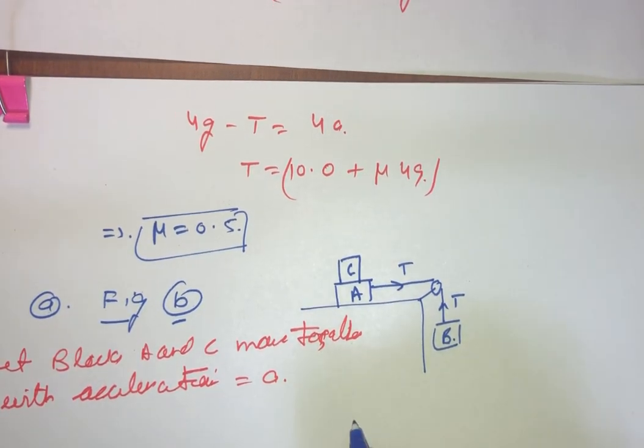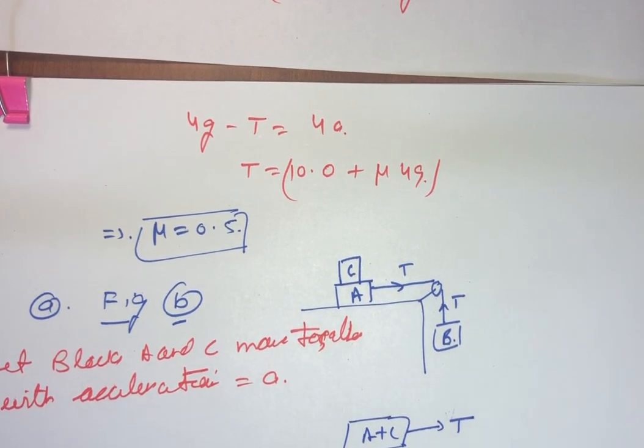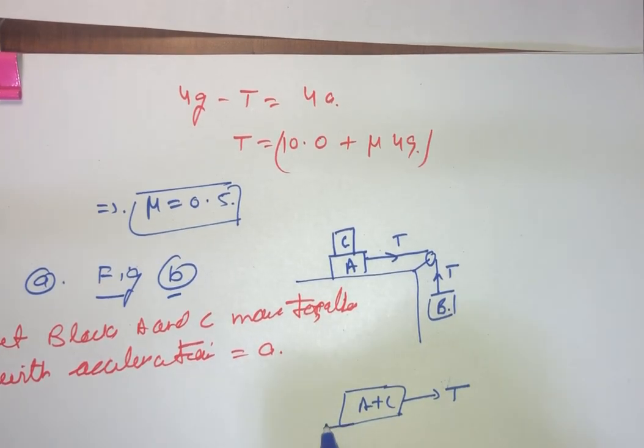So it means we have A plus C with the tension T, and there will be a friction force Fr.